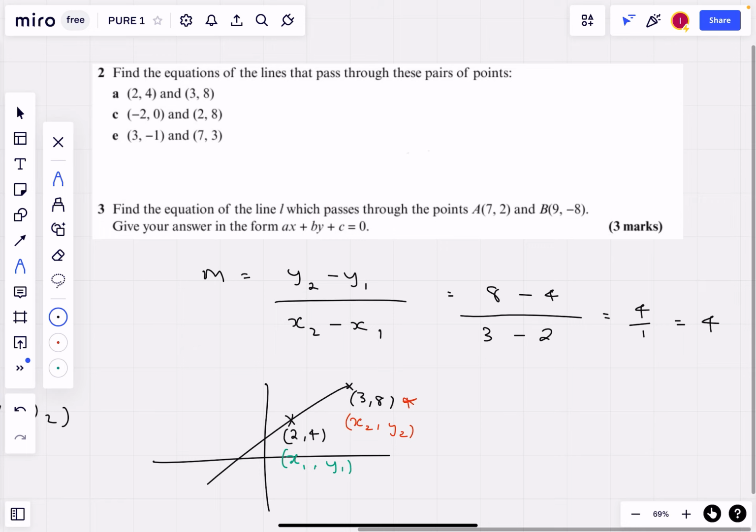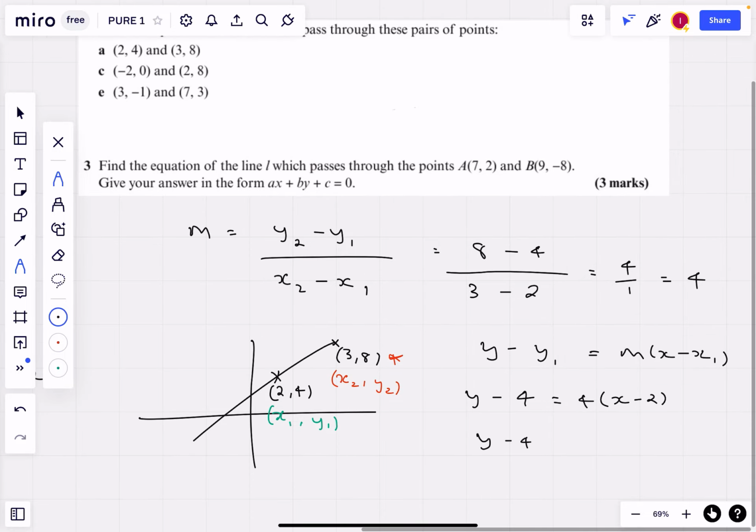That's my gradient. Now I can use that in y minus y1 equals m times x minus x1, sub in my x1, y1, and sub in my gradient. So y minus 4 equals 4 times x minus 2.